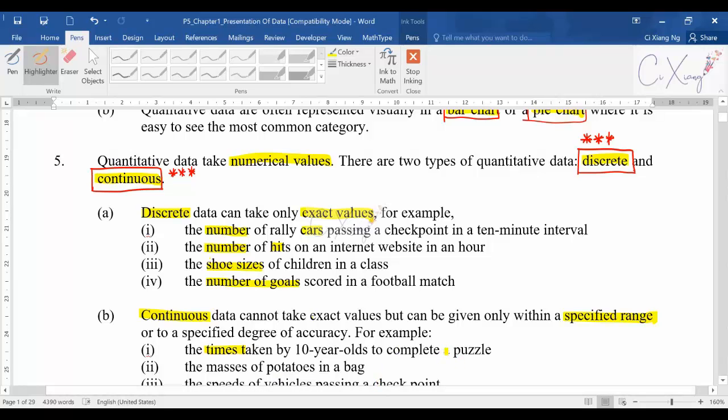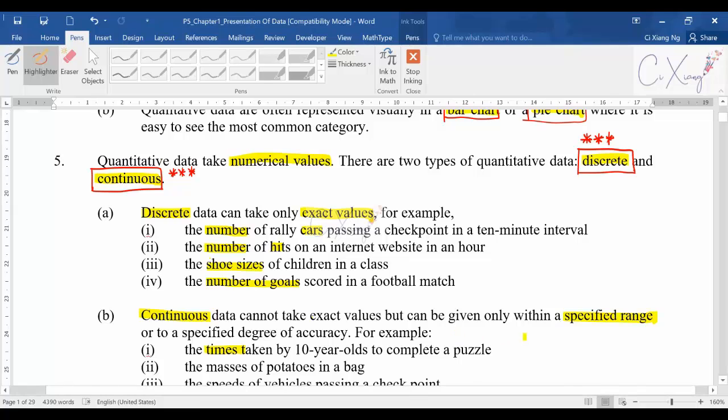You can say that it is between this and that, or that the time taken can be 1.25 seconds if the stopwatch you are using is very accurate, to 2 decimal places. If it is not an exact value, then we call it continuous data.